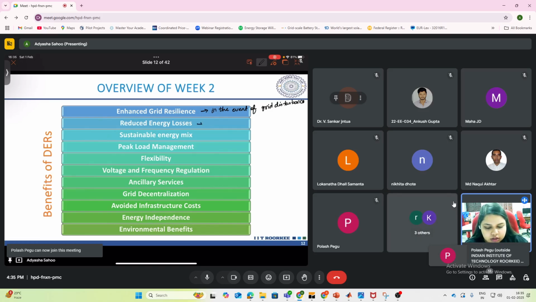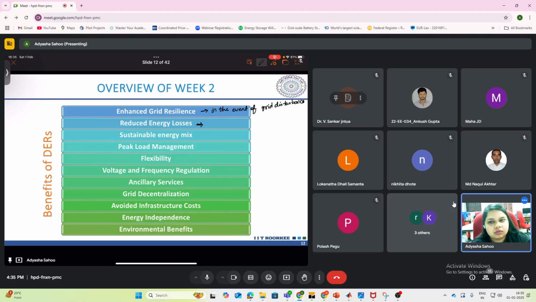Then reduced energy losses. How can the energy losses be reduced by the addition of these DERs? These DERs are usually installed or present in the distribution system.